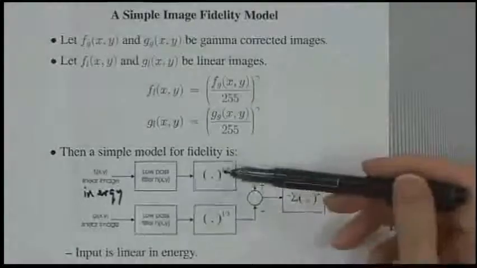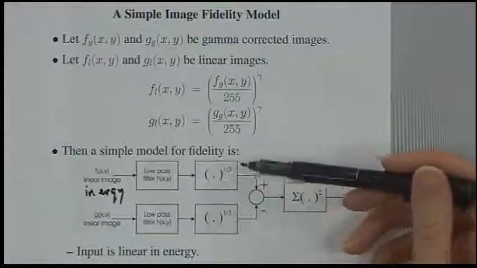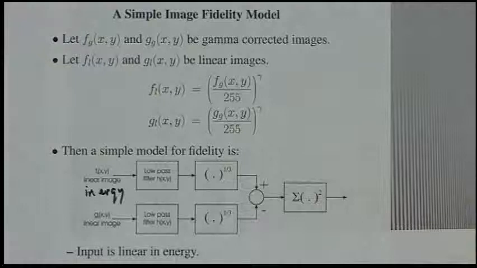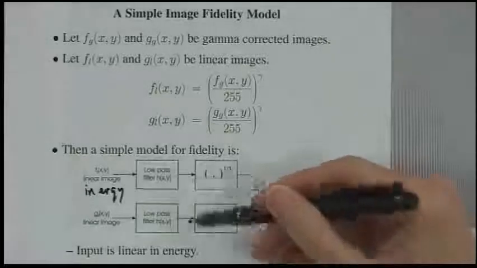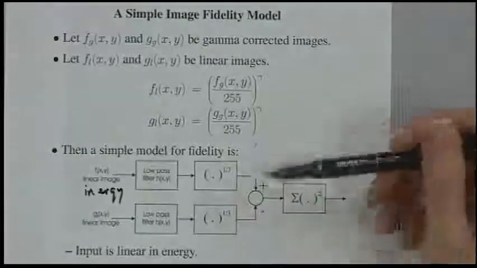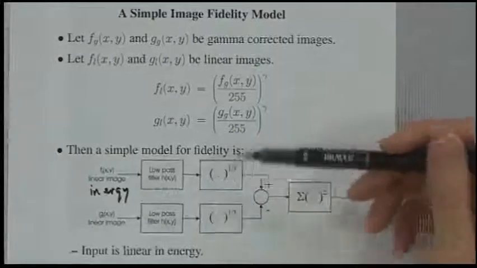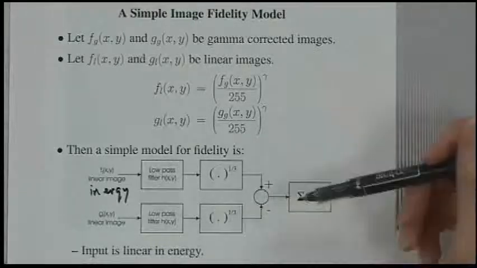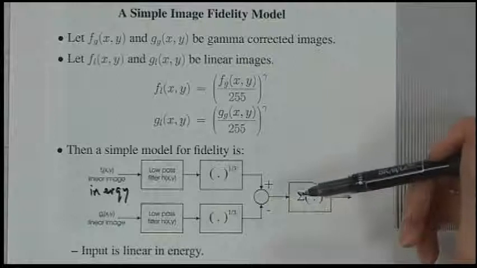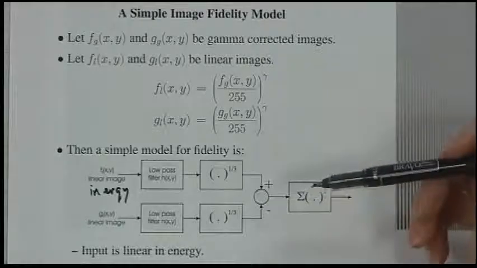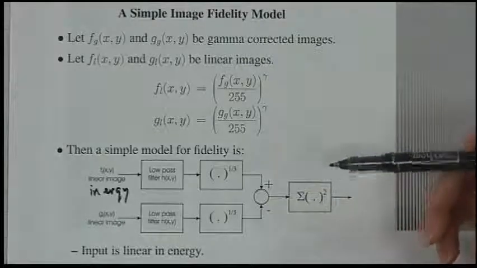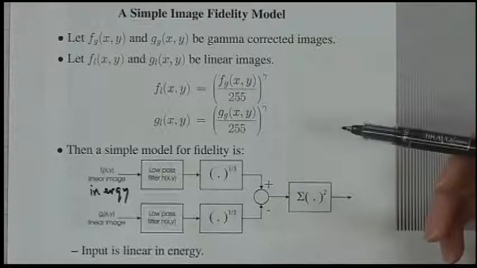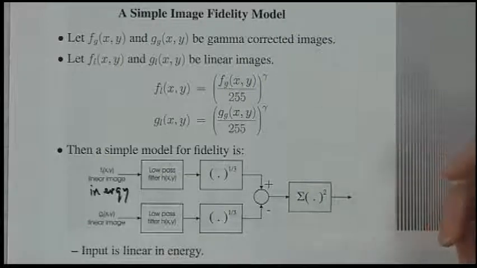But the reason is because think about an image. It could contain both light regions and dark regions, and we want to quantify differences between these two images in both those ranges. What's most important in looking at the difference between images is what we can perceive. So what we're really interested in is the contrast. And remember that the just noticeable difference is different in the light regions and dark regions.